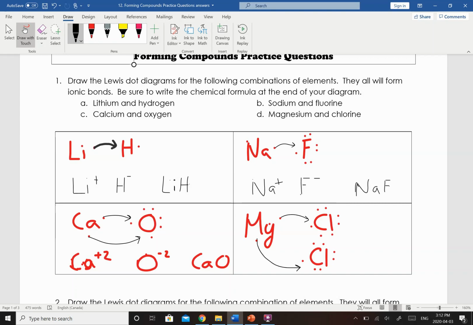And so we'll end up with Mg 2 plus and 2 Cl's, Cl minus and Cl minus. So our final formula is MgCl, and we put a little 2 to indicate that there's 2 chlorines there.